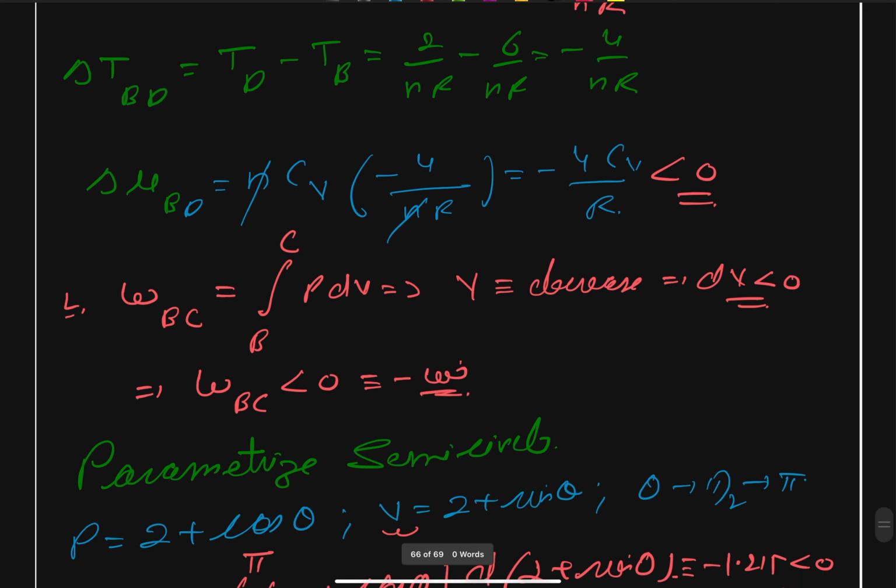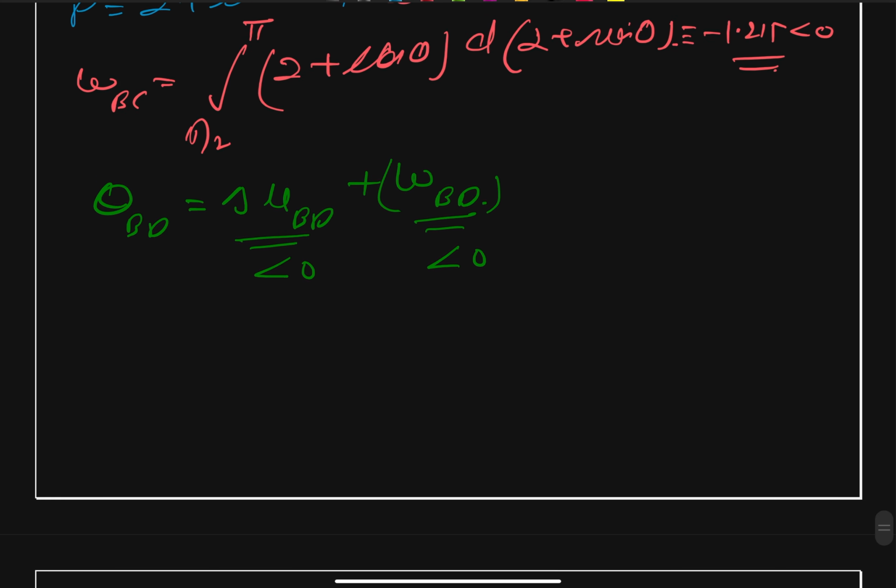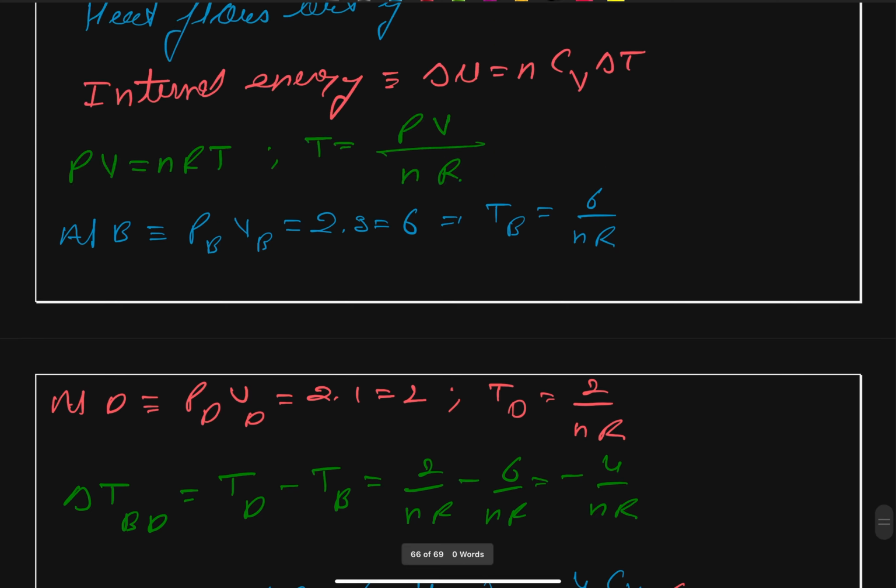Therefore, we can say that our Q_BD will be also less than 0. So heat flows outward. Therefore, we can say option B is true.